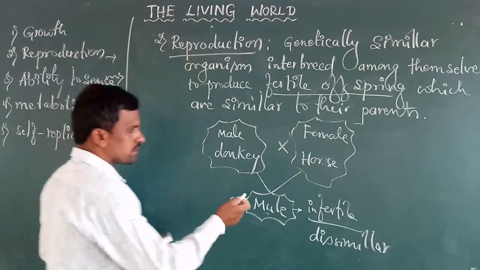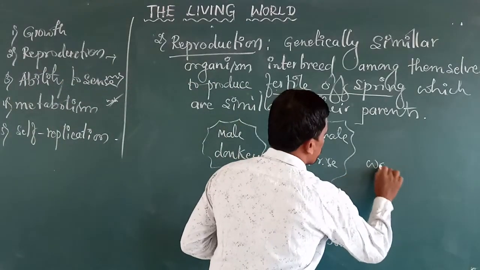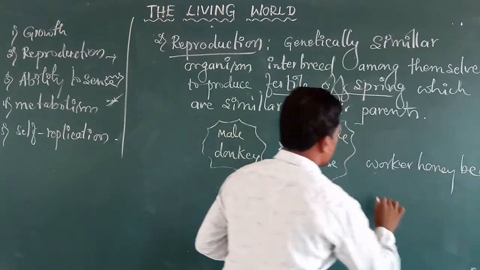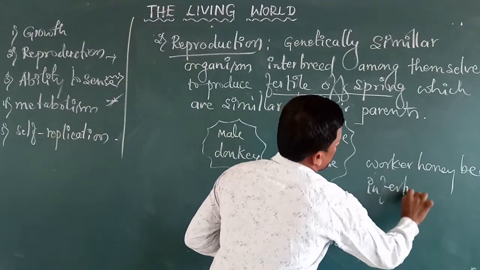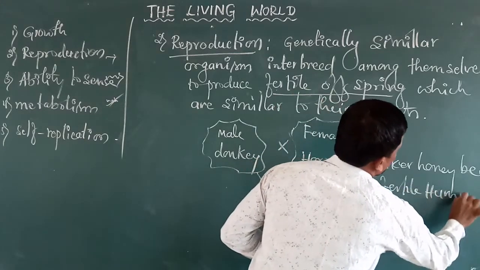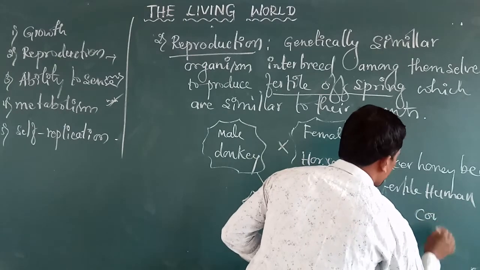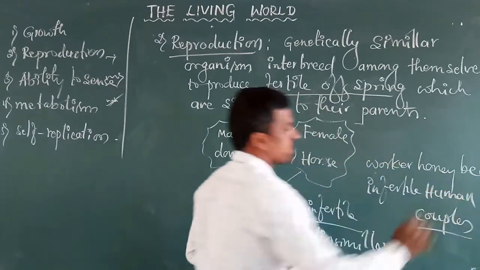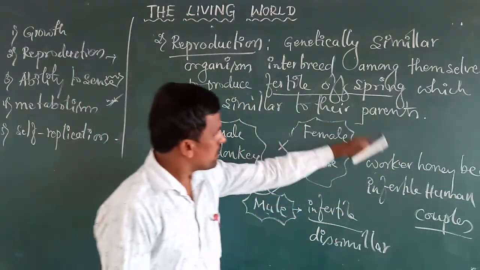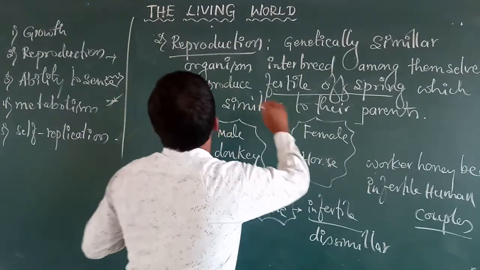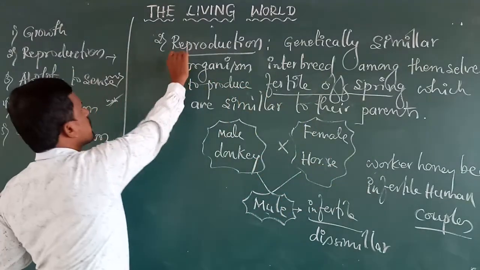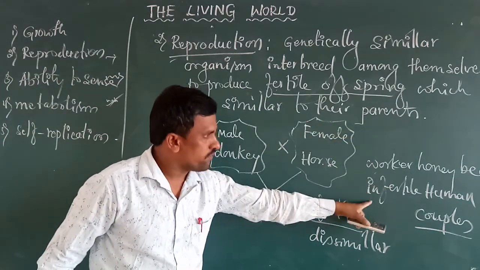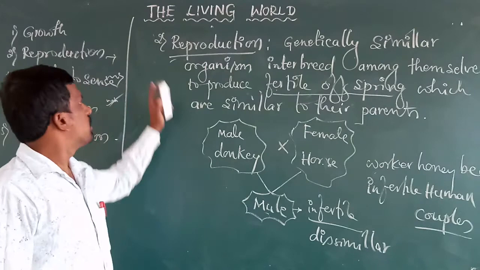And also some organisms like the worker honeybee and infertile humans are not involved in the reproduction process. Mules, worker honeybees and infertile human beings do not reproduce.